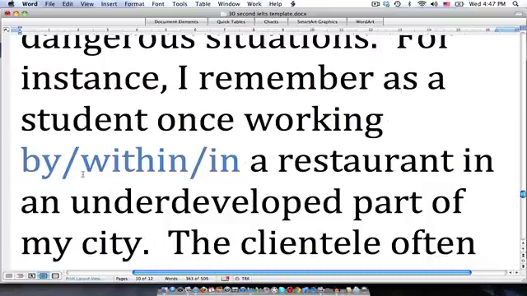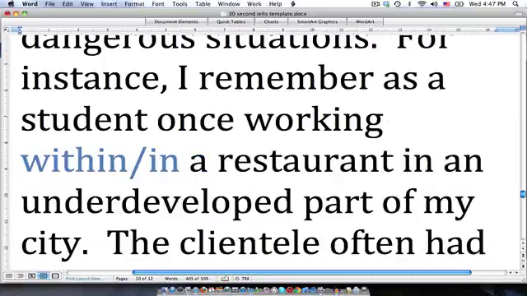So "by" doesn't make sense at all. "Within" makes sense in a way, but people typically wouldn't couple this with working. I wouldn't say I'm working within a restaurant. I'm saying I'm working in a restaurant.